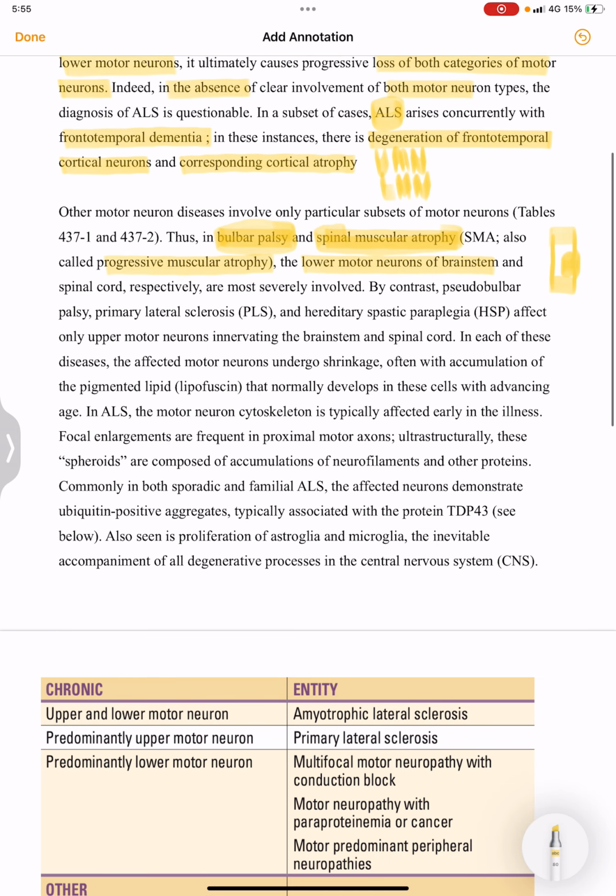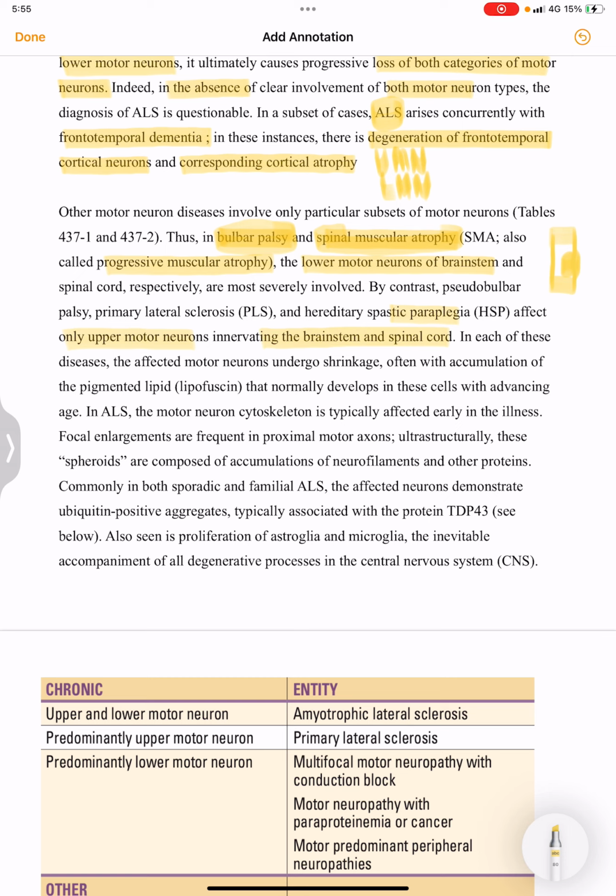By contrast, pseudobulbar palsy, primary lateral sclerosis and hereditary spastic paraplegia affect only the upper motor neurons innervating the brainstem and spinal cord.